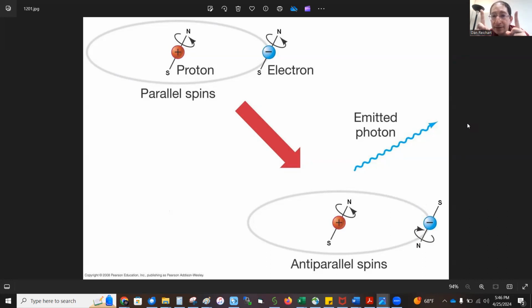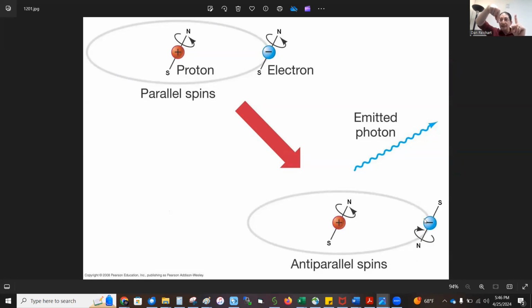Either they're aligned with the north pole up on each and the south pole down on each, or they're anti-aligned, where north is up on one and down on the other, and vice versa with south. Now, if you've played with bar magnets, you know that in the aligned configuration, it takes energy to hold them together. They don't like it. They want to fly apart. So it's a higher energy state.